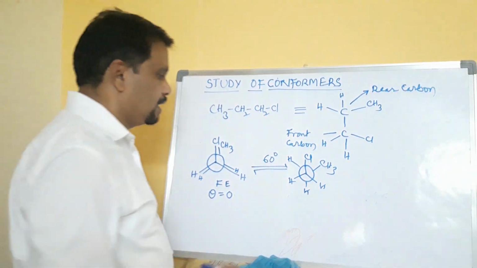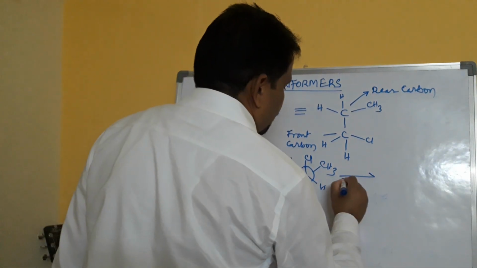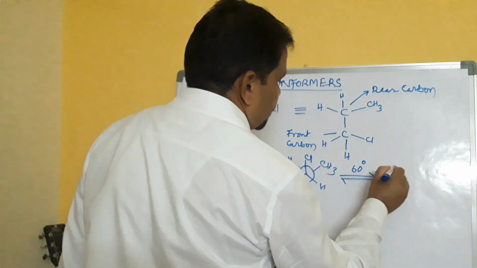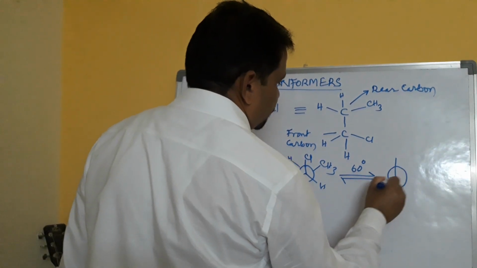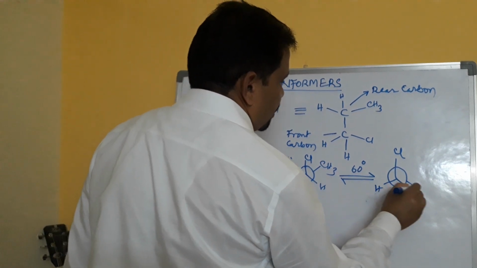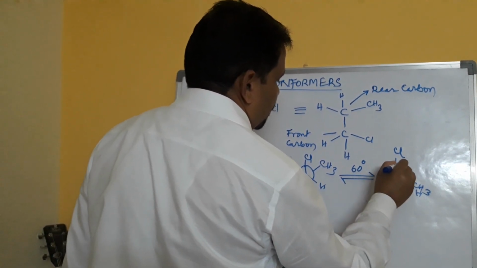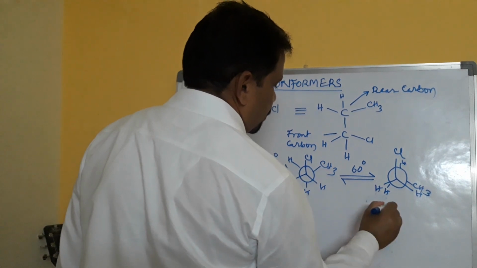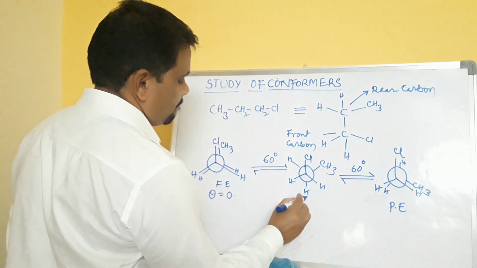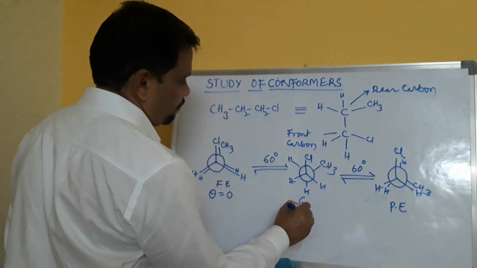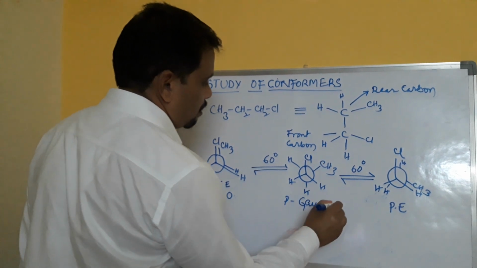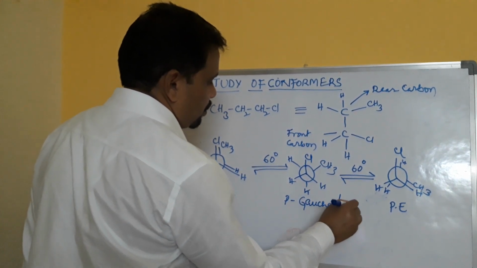If you rotate another 60 degrees, you will get this conformer: Cl, hydrogen, hydrogen, CH3, hydrogen, and hydrogen. So this is the partially eclipsed conformer, or the P gauche, which can also be called the Q conformer.